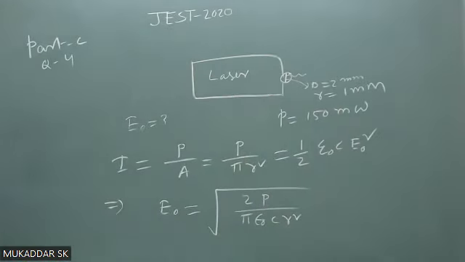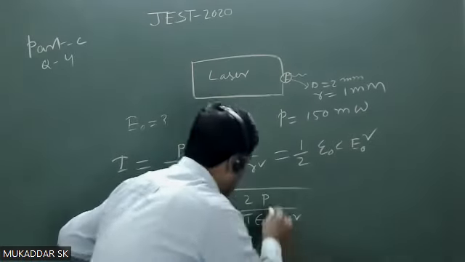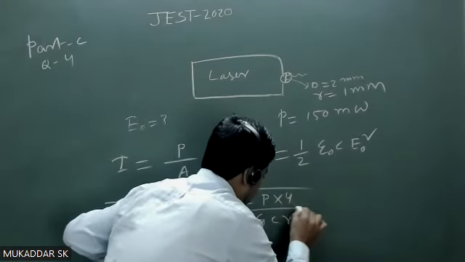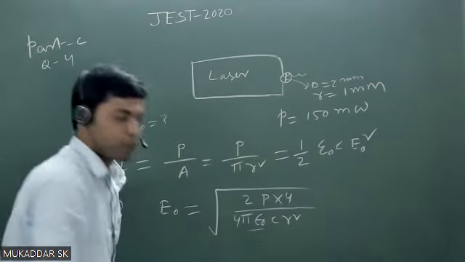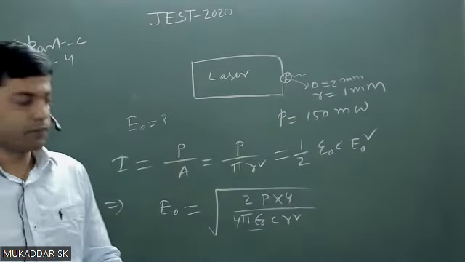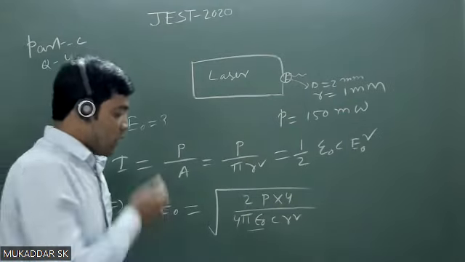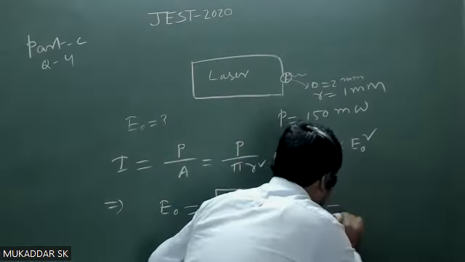Okay, now to make life simple, I'll multiply by 4 and divide by 4, because I know the value of 1 by 4 pi epsilon naught.